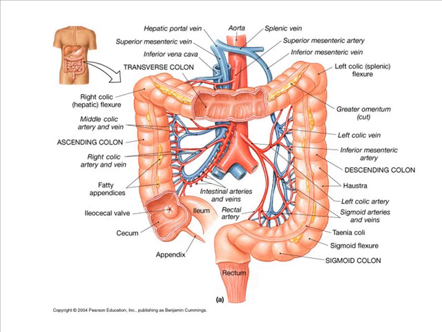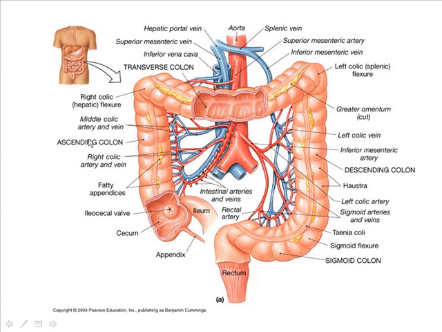You should know the portions of the colon. You need to know the hepatic flexure. You need to know the splenic flexure. You need to know the sigmoid colon. You need to know where the cecum is located. You need to know that structure identified as the ileocecal valve. You need to know where the appendix is located.